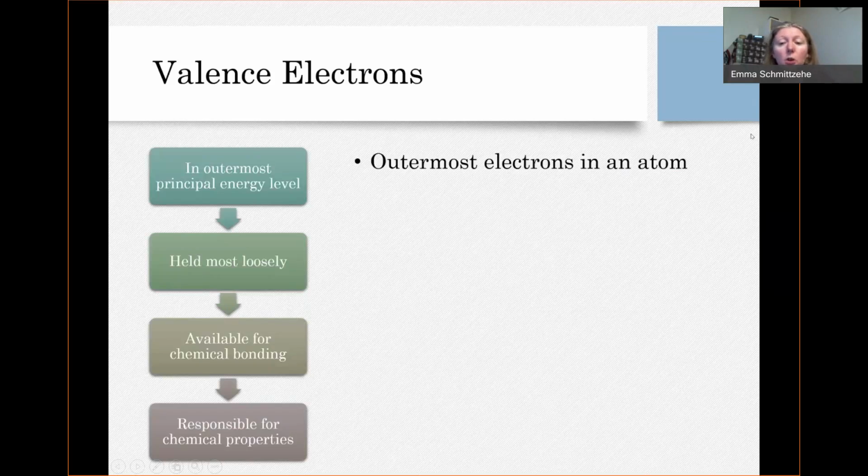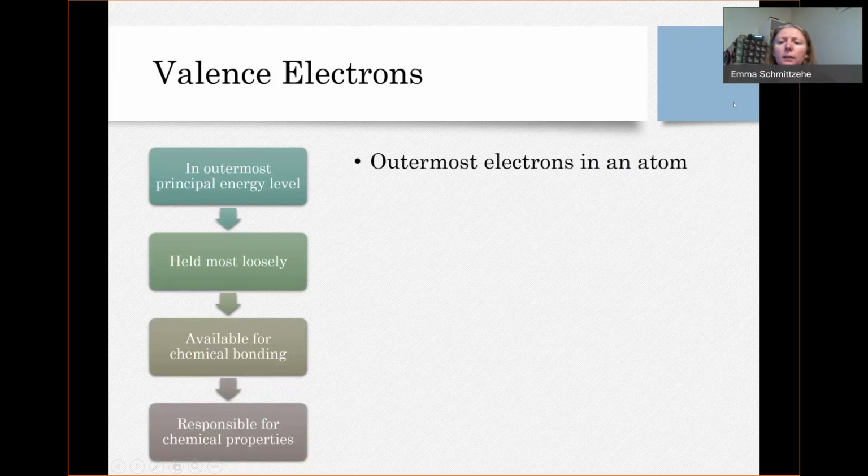They're responsible for our chemical properties, so they control whether or not something reacts with something else. They either allow it to react or don't because of what electrons are there, what energies they have, and what's going to happen to them if they do interact.